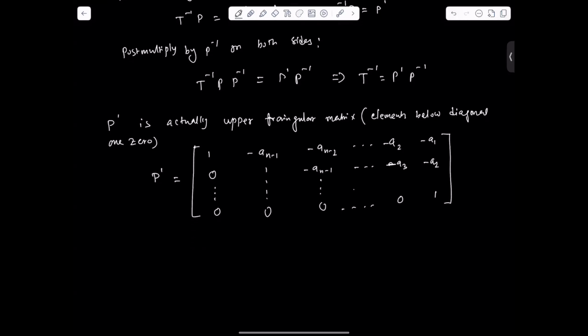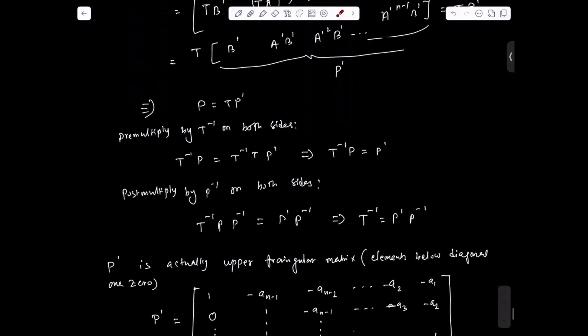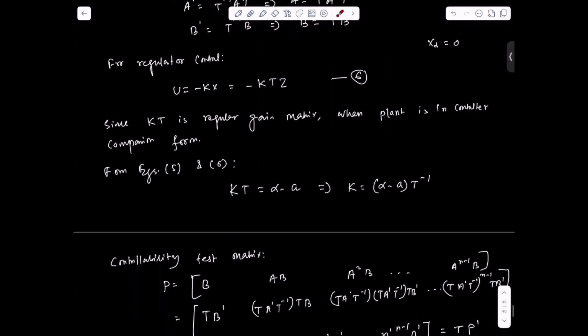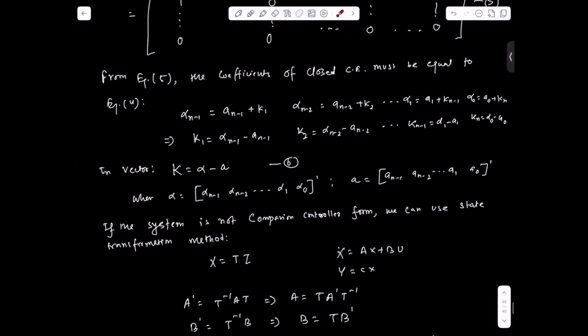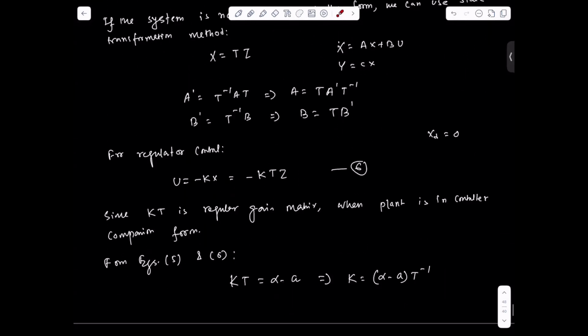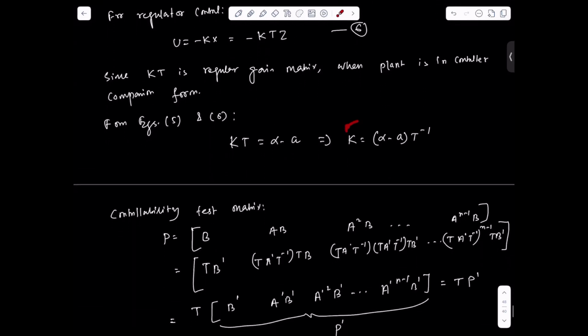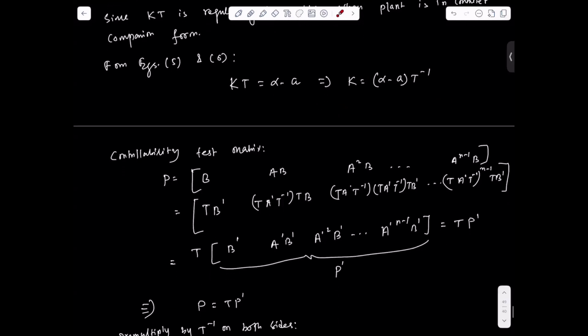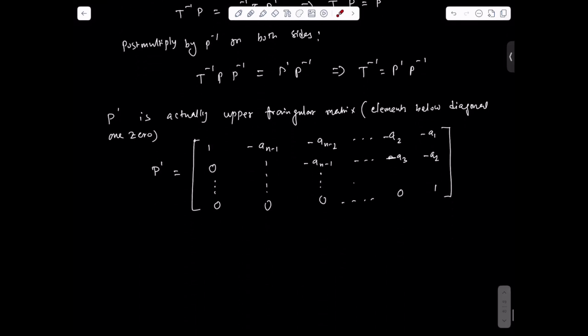So now if you substitute T inverse in this equation where we have written it, in place of T inverse we can write P dash P inverse.